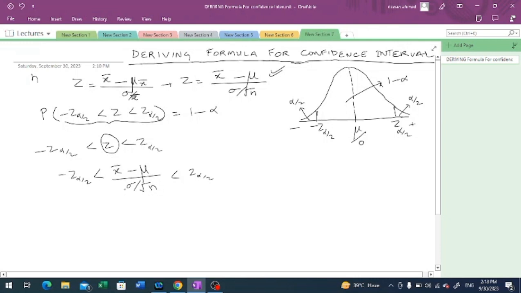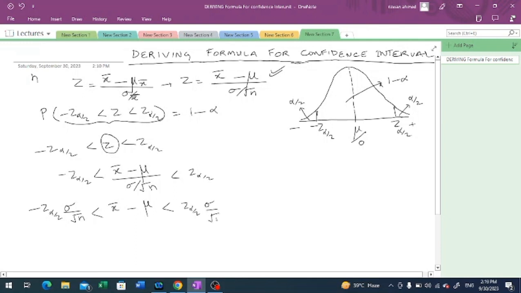The denominator is the ratio of sigma divided by root n. So if we multiply the entire inequality by the sigma divided by root n factor, this factor is removed from the center, and it becomes part of the lower bound as well as the upper bound.